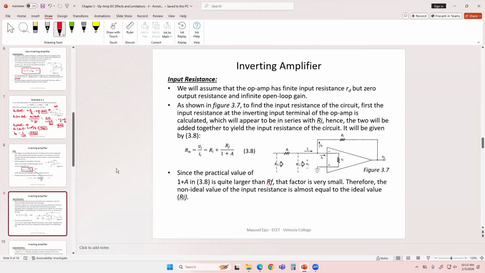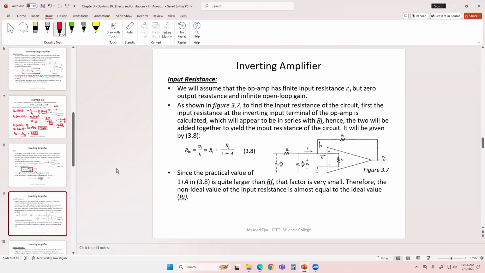Now, the non-ideal, when we derive it, R input, V input over R input, it is going to be given by this expression. Again, we are not going into the derivation right now, but the non-ideal is given by R input plus RF, the feedback resistance, over 1 plus A. Since A is typically 200,000 and RF is 10K, 20K, 50K, whatever you want, RF over 200,000 is generally going to be quite small, much smaller than 1, right?